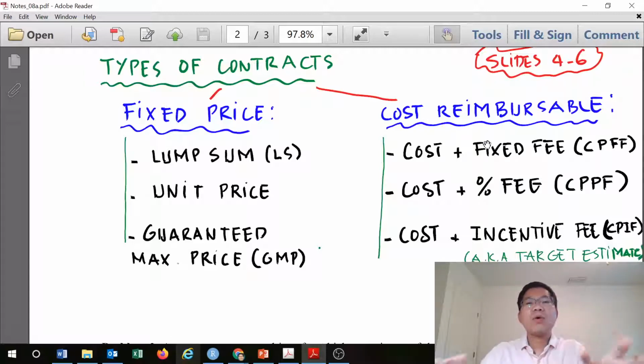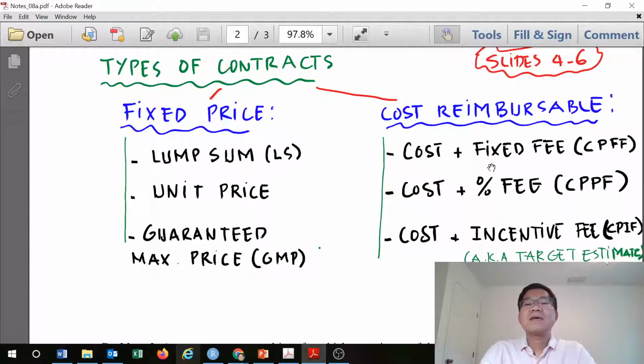Now, no one does it for free, so there needs to be a fee. In this case, the designer or general contractor responsible for both design and construction work will get a fee. First is the fixed fee: regardless of the effort and the cost you spend on the project, the fee you receive will be a fixed number, and that we call the fixed fee.